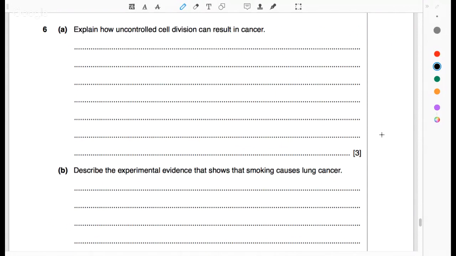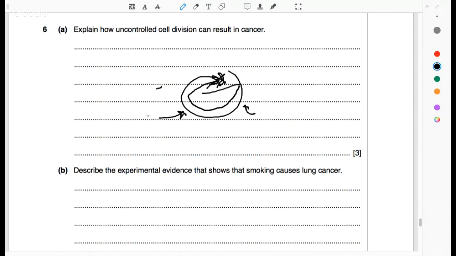So let's see. Are you happy with the concept of proto-oncogene versus tumor suppressor gene? Let's say we have a cell cycle here. I won't draw all the stages, but you're a normal dividing cell. To go into mitosis and divide, you have various checkpoints. And you have genes which encode proteins which will drive the cell forward.